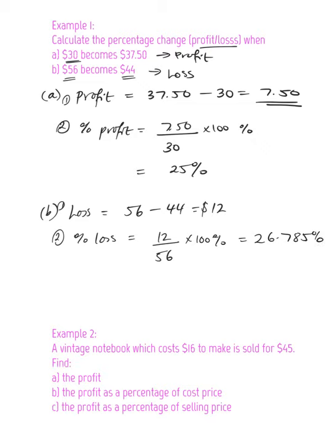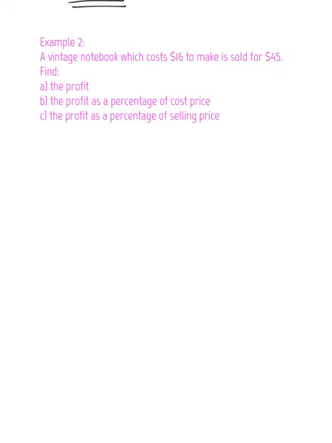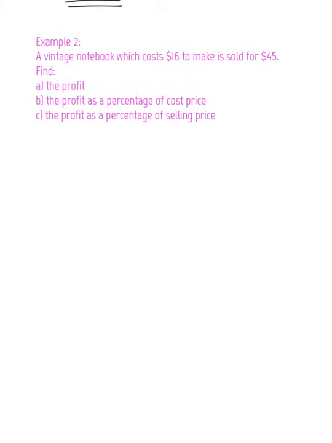Now, in senior math, we generally round to 2 decimal places. So our final answer, unless specified otherwise, should be rounded to 2 decimal places. It's 26.79%.